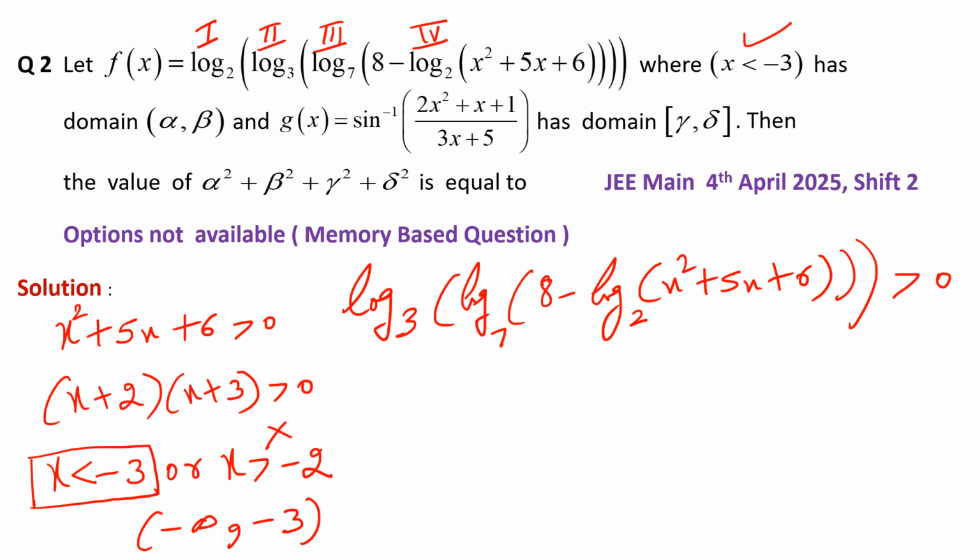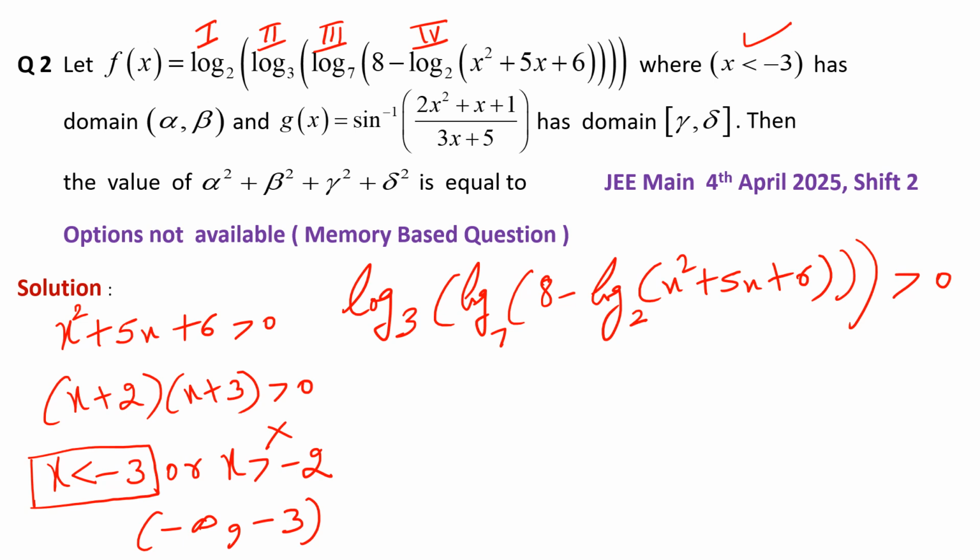Now you will just see, when I consider the input of first logarithmic function as positive, then the input of second logarithmic function and the input of third logarithmic function obviously become positive.